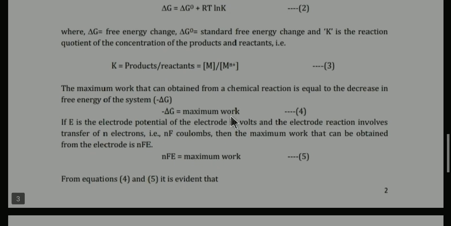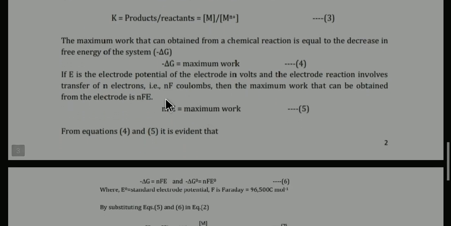This maximum work W can be given by the product of energy and charge of the system, charge in coulombs. Here E is the electrode potential, F is the charge in coulombs, and n is the number of electrons involved in the system. So W is given by nEF.